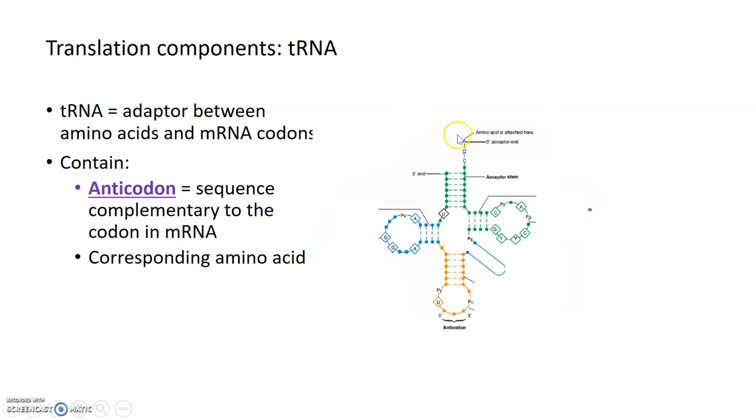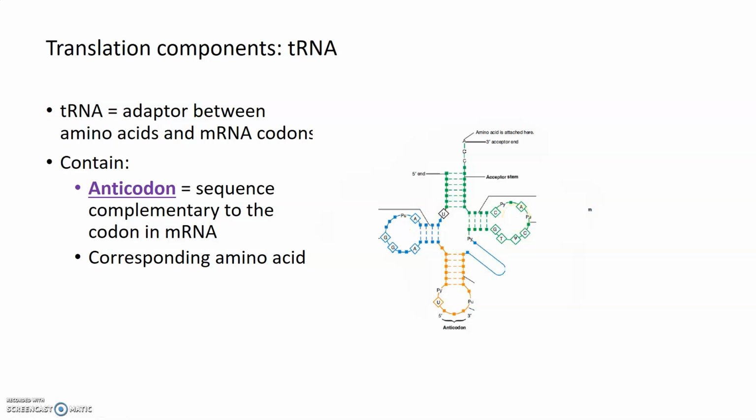The adapter between amino acids and mRNA is what's known as a tRNA. It's named a tRNA, one, because it transfers amino acids to a growing polypeptide, and also because it's shaped sort of like a T.